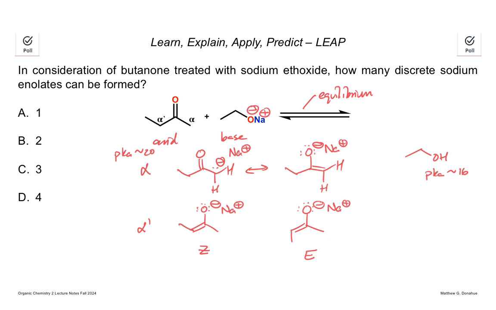if you take the butanone, sodium hydroxide, your reaction flask is going to have 1, 2, 3, 4, 5, 6 things in there all at once. And so the equilibrium means, because this acidity isn't so great, this can act as a base, that as the acid, and it goes back this way.